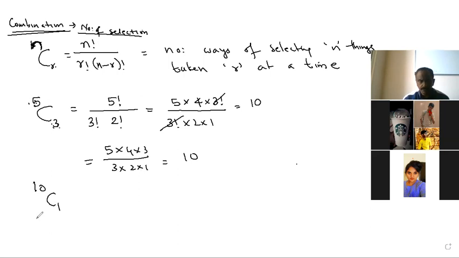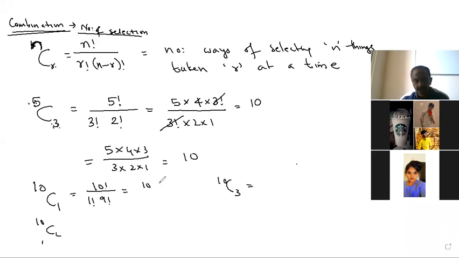Calculate 10C1, 10C2, and 10C3. 10C1, what is the answer? 10 factorial upon 1 factorial into 9 factorial.